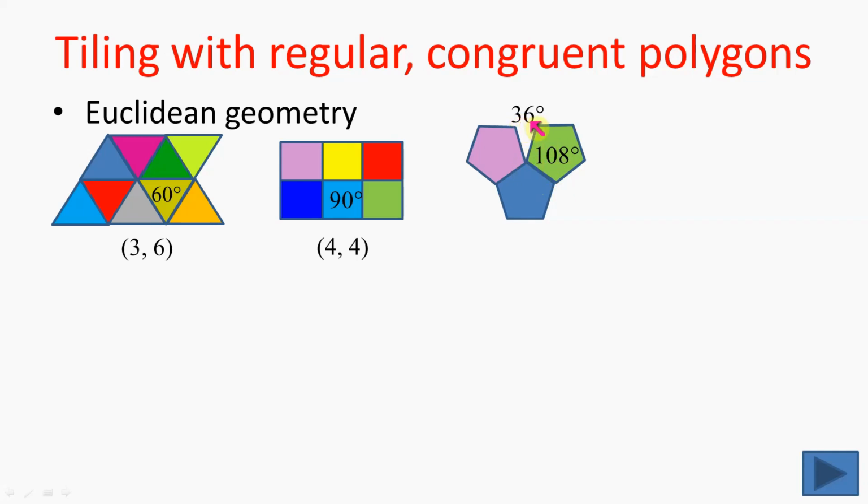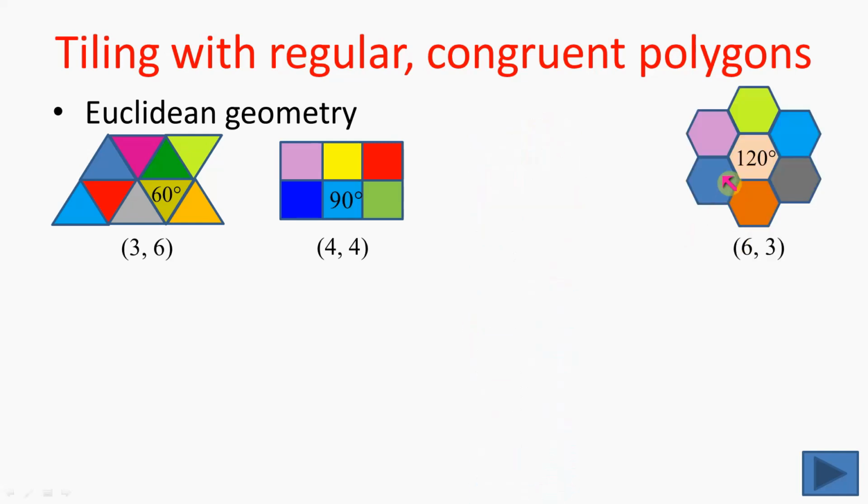Unfortunately, this 36 degrees deficit is too small to include a fourth pentagon. So pentagons are not good to cover the Euclidean plane. However, hexagons, six-sided polygons, are good. The internal angle of a hexagon is 120 degrees, so we need 3 of them to produce a nice tiling.